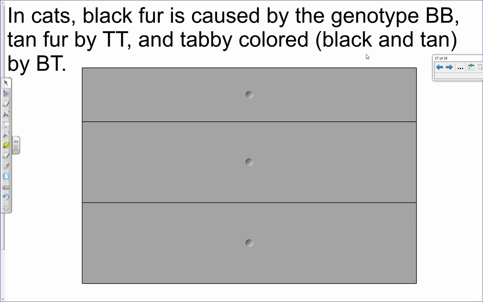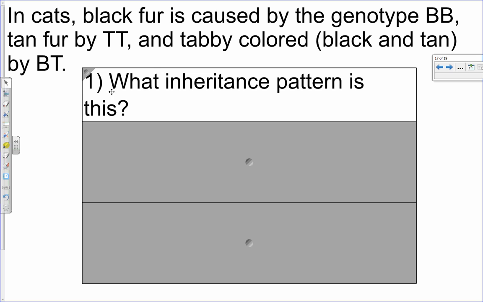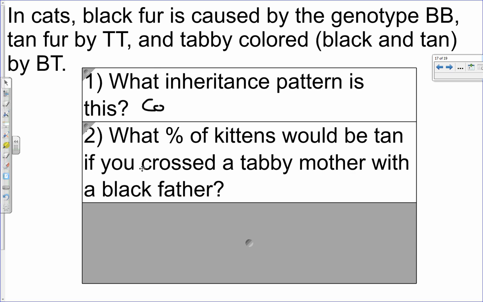So in order to do that, we're going to do a Punnett square here. Okay, tabby mother with a black father.